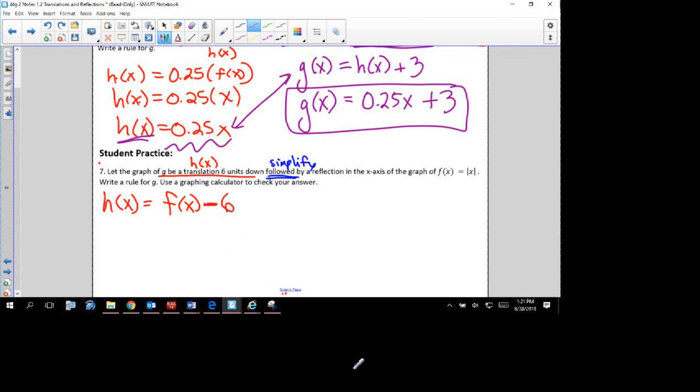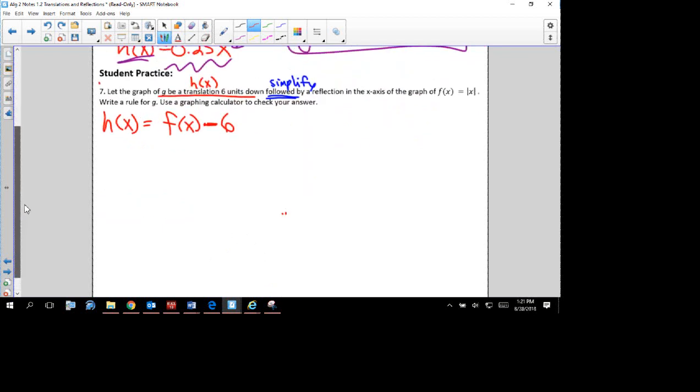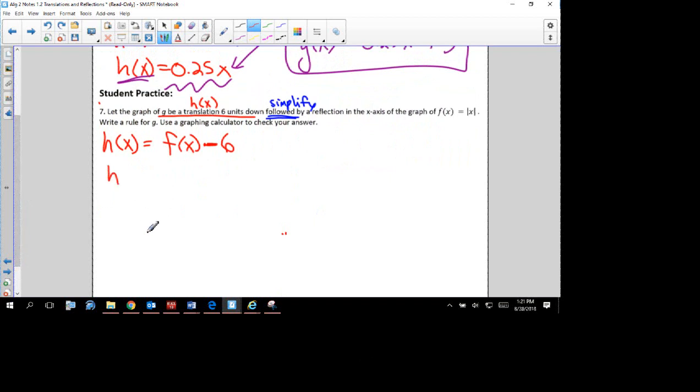So h of x equals absolute value of x, subtract 6. Can we simplify that at all? No, that's simplified. So then we move on to the second part, which is a reflection in the x-axis. But it's going to go off of this first part.